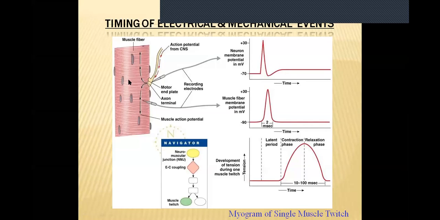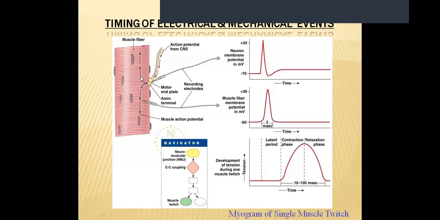What is important to understand here is that a single muscle fiber will be connected to a single nerve fiber only. A single muscle fiber will not be connected to two or three nerve fibers. This is a very important thing.